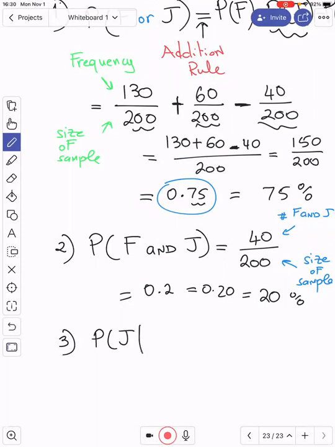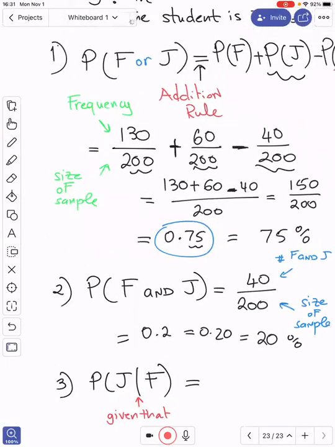The "given that" is this bar. So we know for a fact that the student is actually female. First we need the frequency of this event.